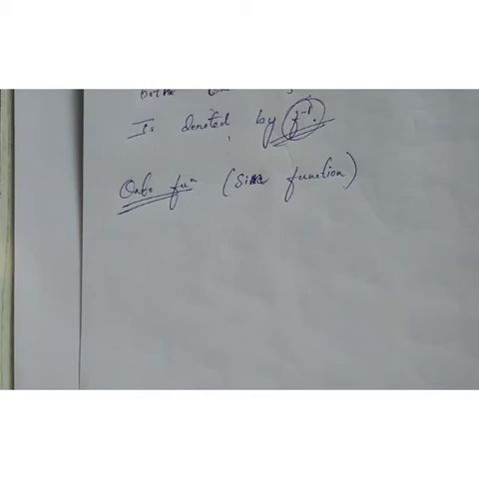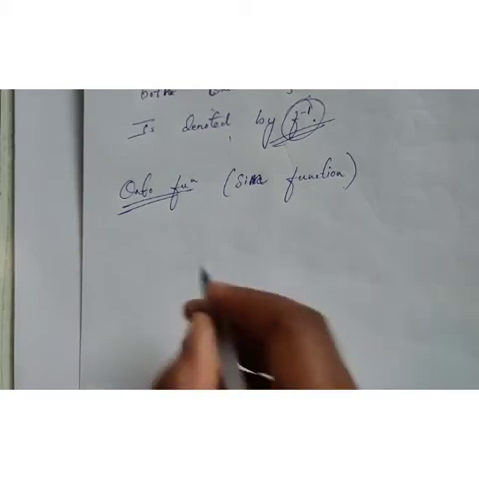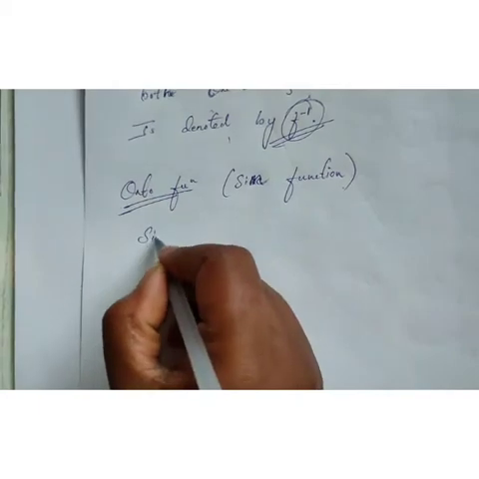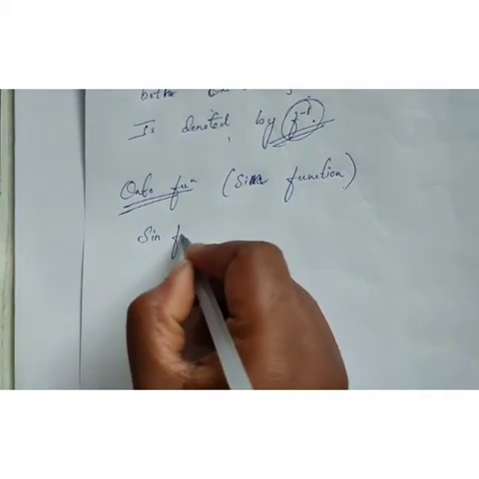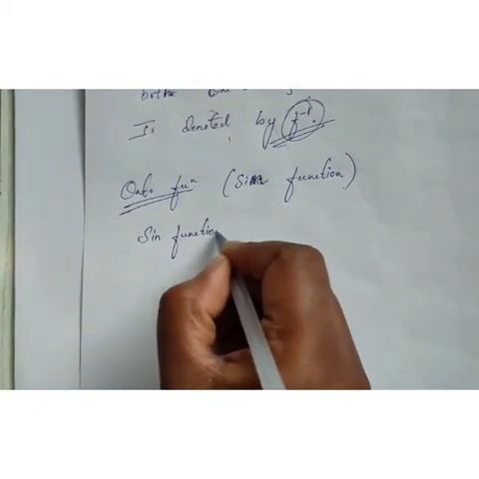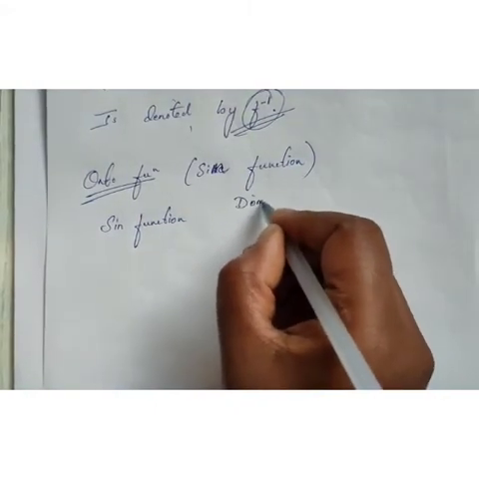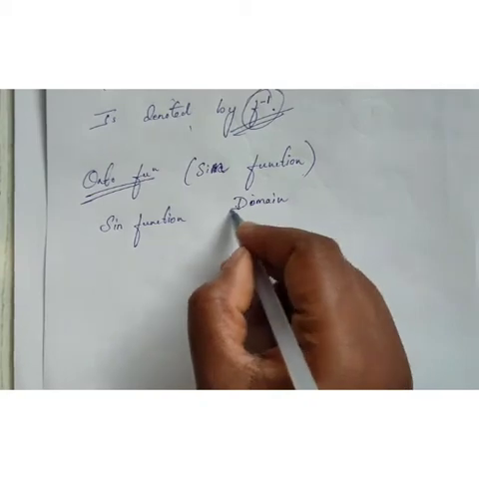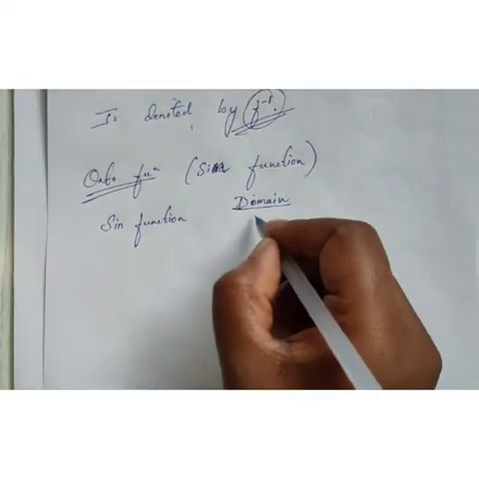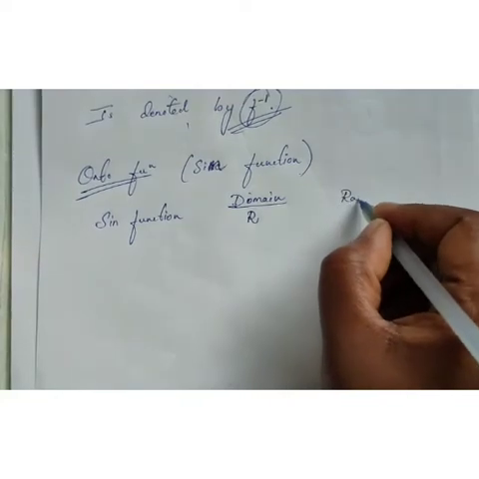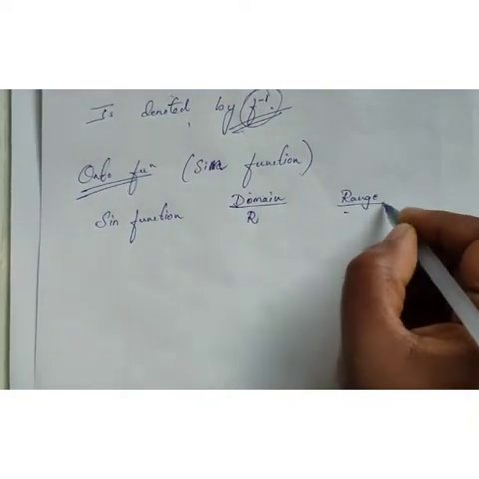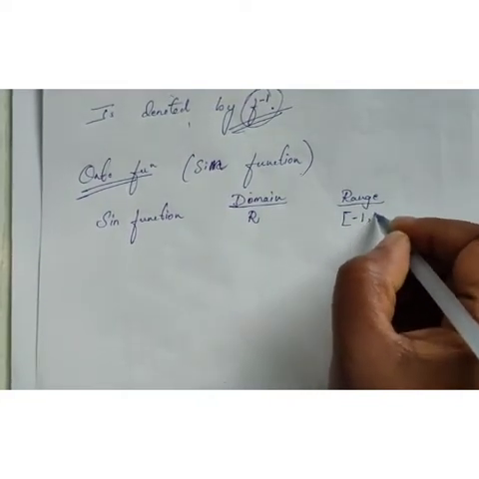The range of the sine function is -1 to 1, yes or no? The sine function has a domain, which you already know from your previous year, as R, the set of all real numbers, and range as the closed interval -1 to 1.